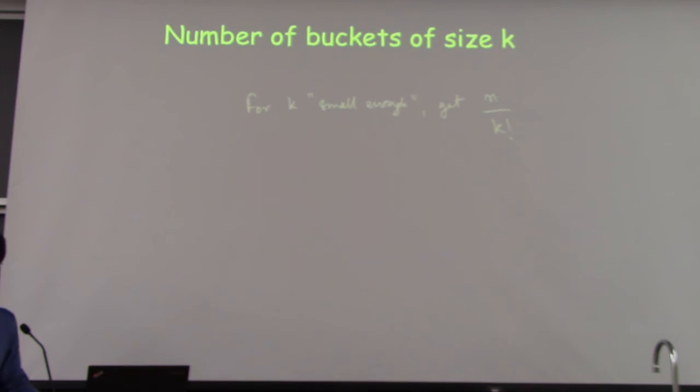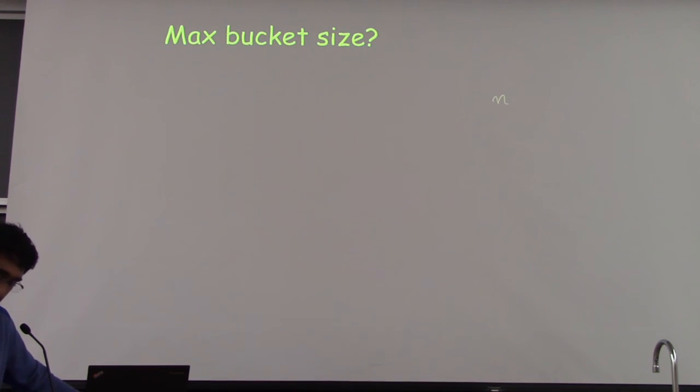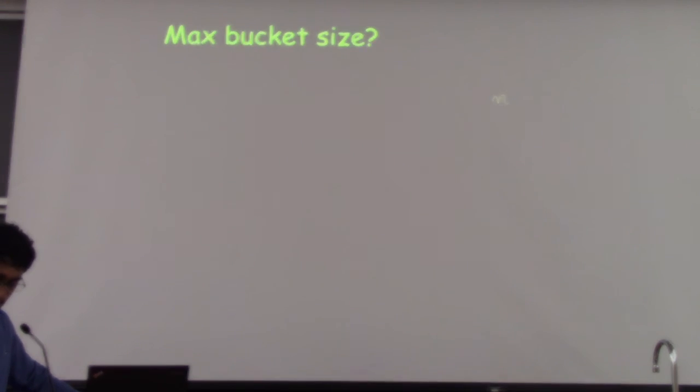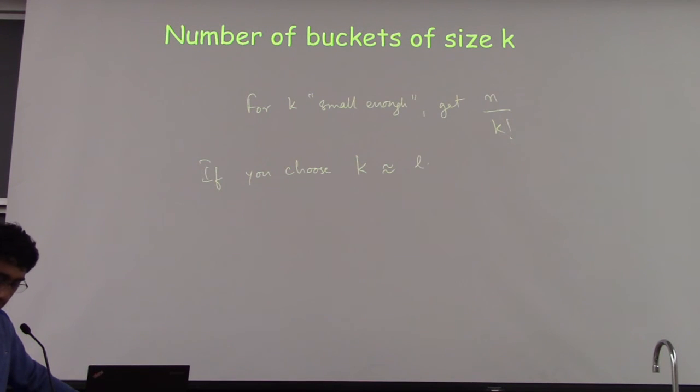And this is what says that if you choose k as being roughly, let's say, log n by log n, then this number starts getting less than 1. So this number turns out to be less than 1.